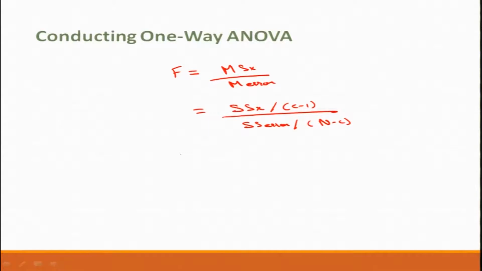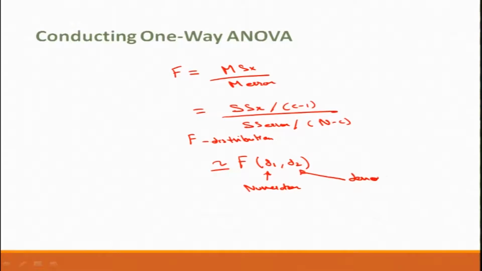So, this statistic follows the F distribution. We write it like this: F with degrees of freedom 1 and degrees of freedom 2. Please make a note, this D1 is always the numerator and this is the denominator.